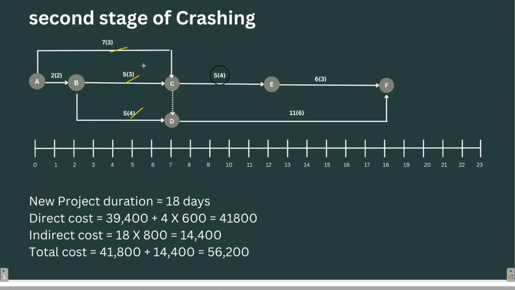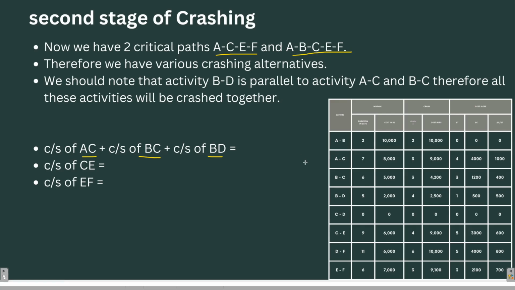These three activities will be crashed together. So what will be the cost slope of these three activities? Let's calculate that. What is the cost slope of AC? It is 1,000 rupees. Cost slope of BC is how much? 400 rupees.